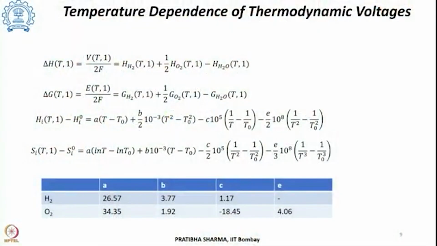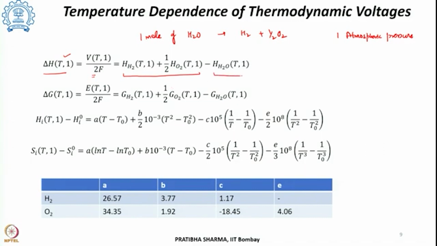So, if we look at the temperature dependence of the process for 1 mole of water being split to get hydrogen and oxygen, in that process the change in the delta H at say 1 atmospheric pressure can be obtained as delta H at a temperature of T, pressure 1, is given by the enthalpy voltage V upon 2F, where 2 is for n, the number of electrons transferred, and this is given by the change in the enthalpy by subtracting the reactant side enthalpy from the products.